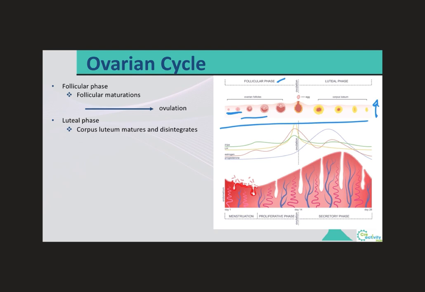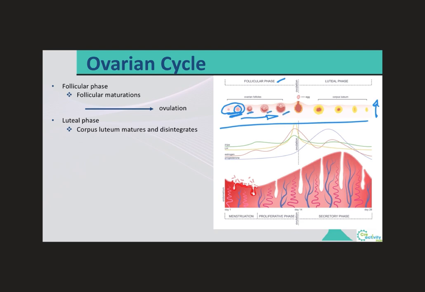Each ovarian follicle consists of an oocyte and a variable number of surrounding cells that will nourish the developing oocyte and secrete hormones as the follicle grows larger. The ovarian follicle initially begins as a primordial follicle.